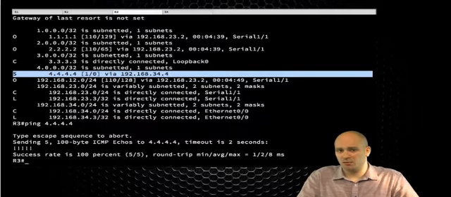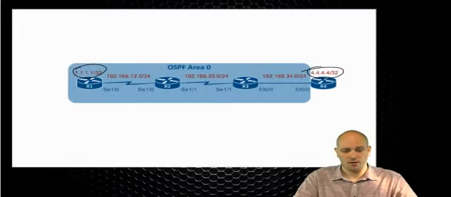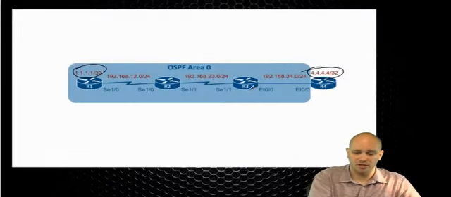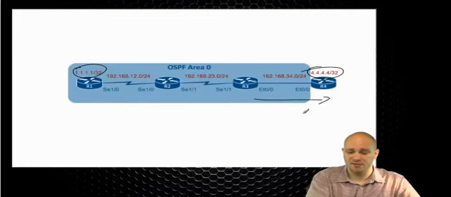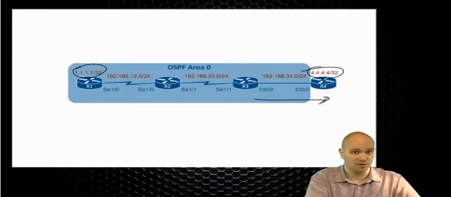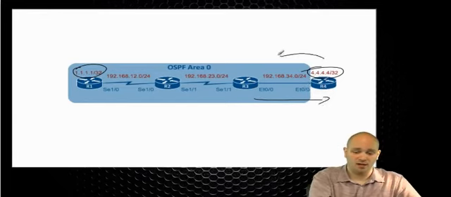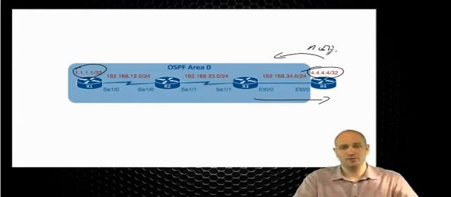So a natural assumption here would be to think, is R3 that has a static route to R4? And I mean, it's logical. Here we have R3. It has a static route to reach R4's loopback because R4 is obviously not running OSPF, and R4 has the default route back. So we do have some reachability there.